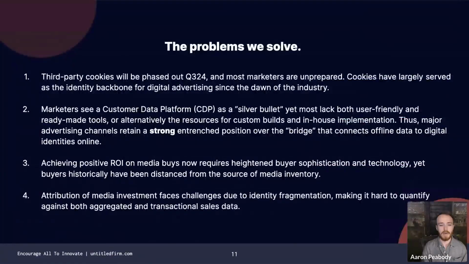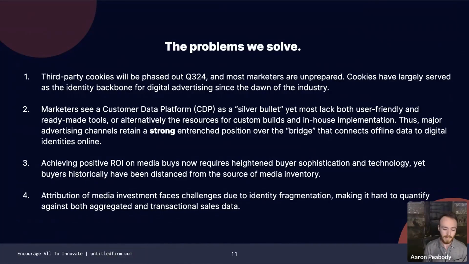So the primary problems that we're solving for people is first and foremost, if you're in the marketing industry, you know that cookies are going to be deprecated Q3 24. And what that means is the identity backbone for the internet, since the first programmatic display ads were served, is going away. And so the solution to that problem is first-party data.